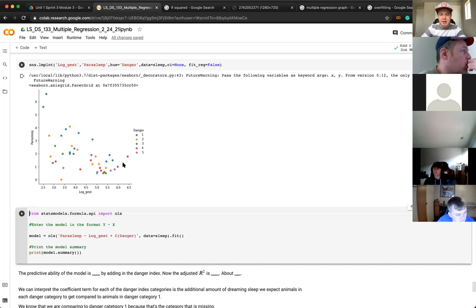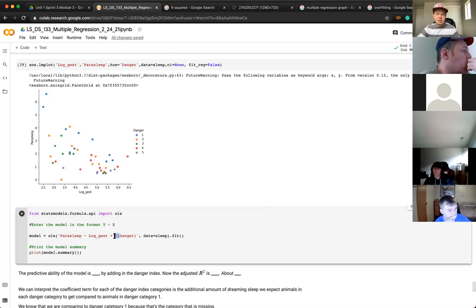So this is actually a good thing. It's good to see that gestational time is not really correlated with danger, because that means that these danger variables might say something different than what gestational time is already saying about my data. Maybe I'm going to capture some aspect of what determines sleep that I have not captured yet. So the messiness of this is actually maybe slightly a good indicator for us.